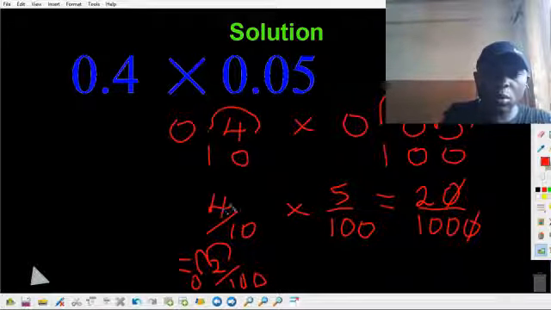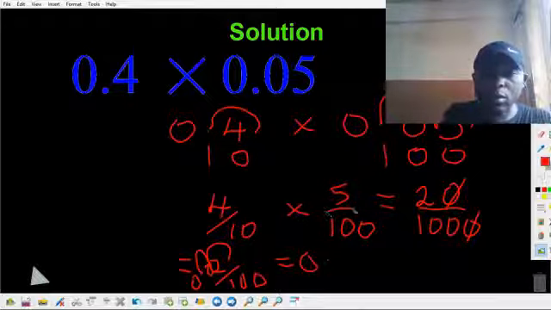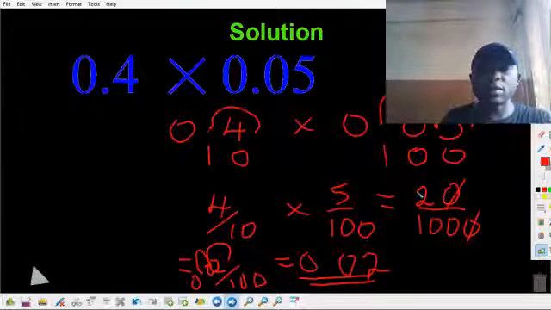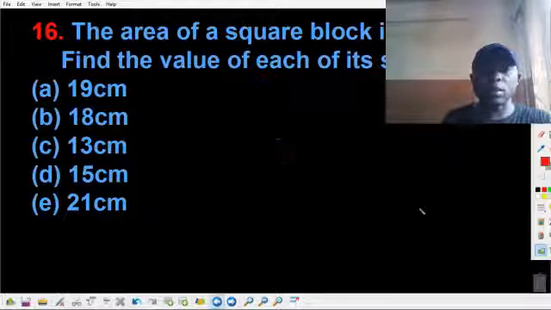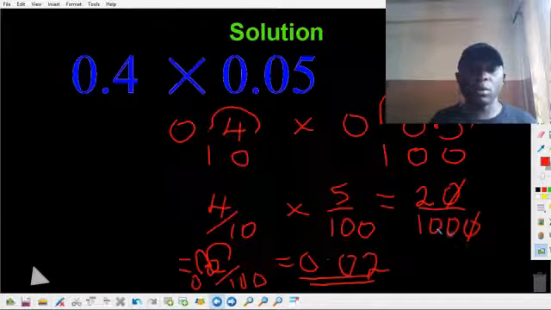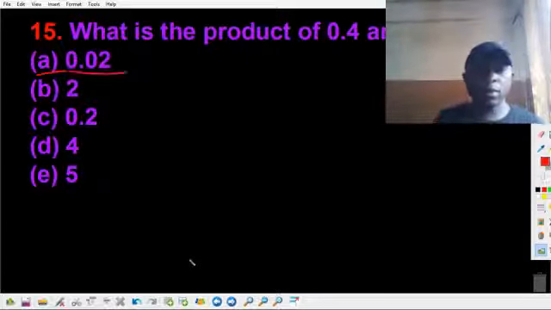With the 0, we have our answer as 0.02. Now, before we look at number 16, let's pick our option. Let's pick our option A, right?